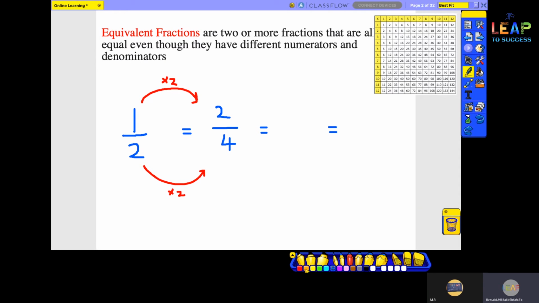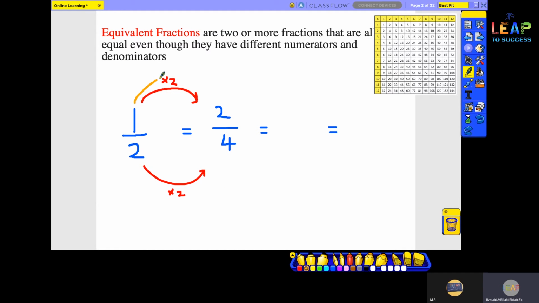So now the next step is we need to find the next equivalent fraction in order. A slight error here: if you're going in order from a half, often someone might times 3 with the previous answer. Instead, you go back to the original calculation.